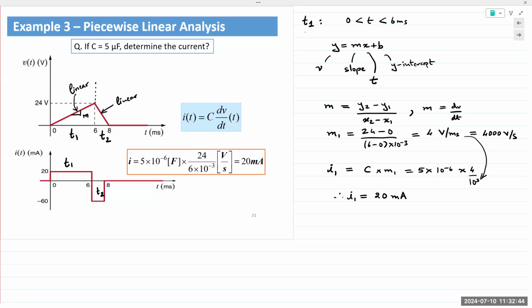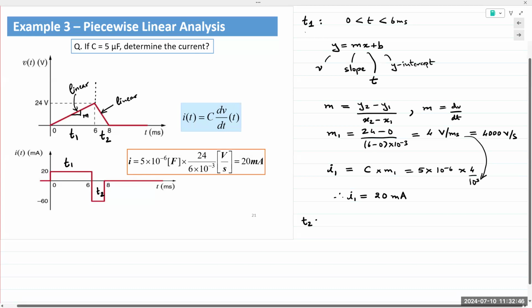Similarly, for T2, time period T2 is between 6 milliseconds and 8 milliseconds. And my slope for this time period is Y2 minus Y1 divided by X2 minus X1.